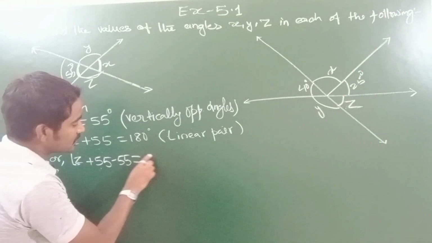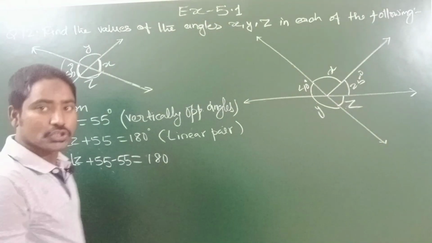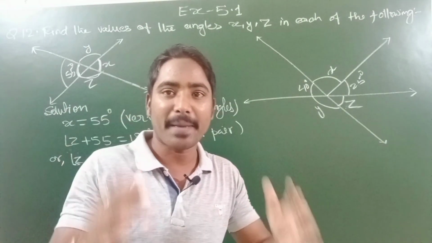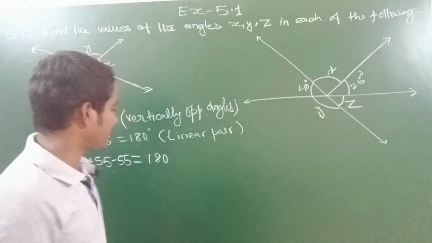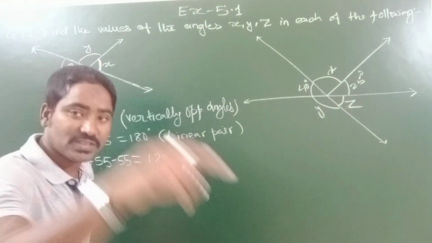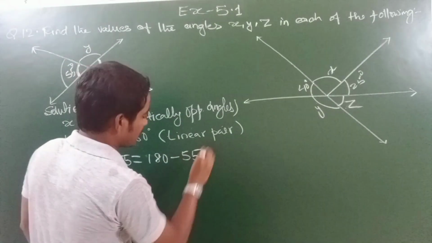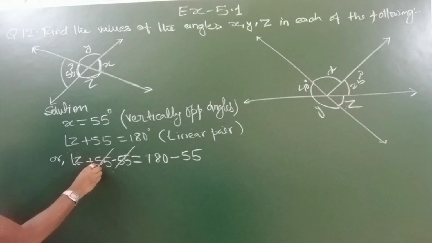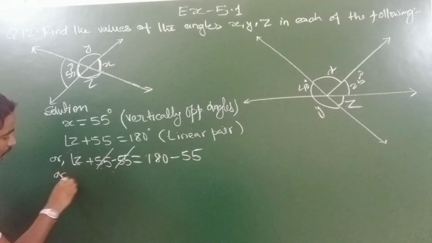Since I subtracted 55 from the left side of the equation, to maintain the equilibrium we have to subtract the same amount from the right side also. So here also we will subtract 55. Now this plus 55 and minus 55 will cancel each other, and we will be left with only angle z.